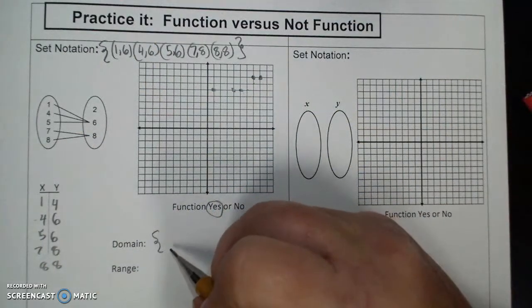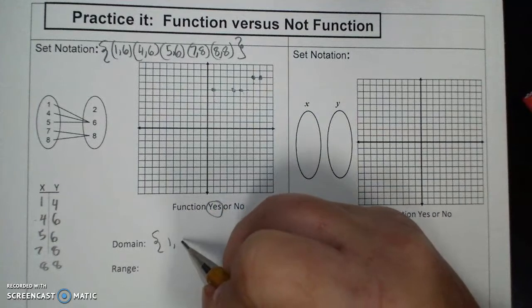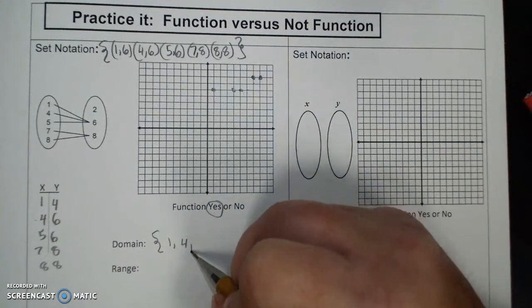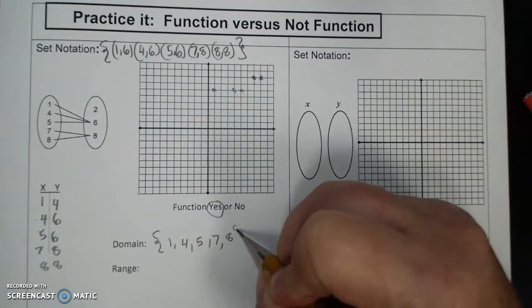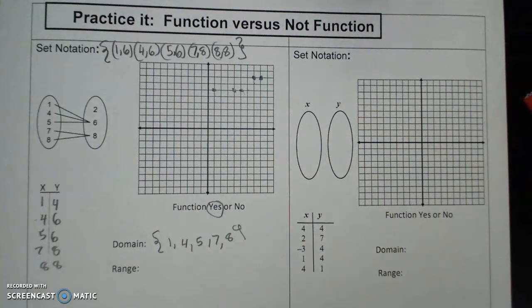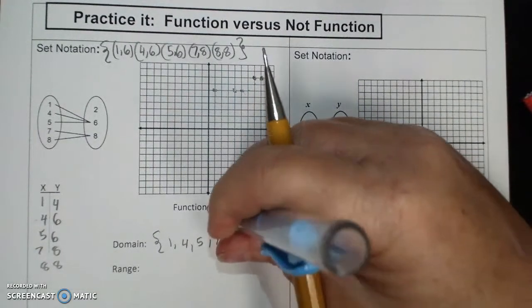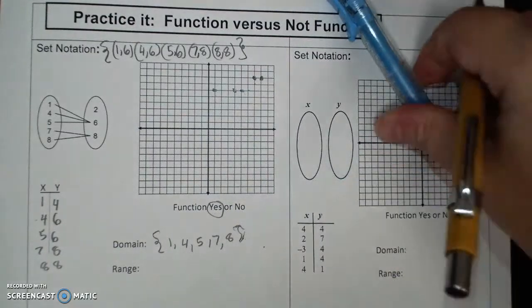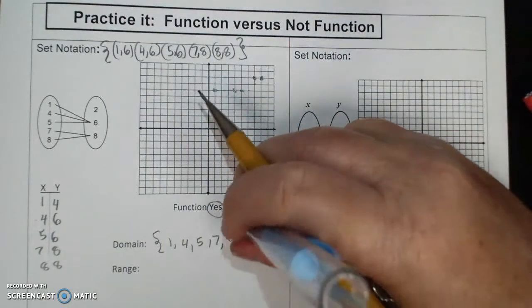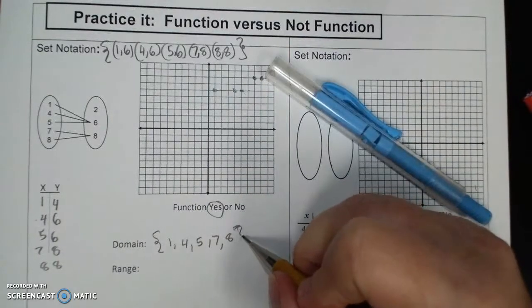Domain is all my x's. Least to greatest, 1, 4, 5, 7, and 8, because my coordinates, I have such a hard time putting that little symbol.